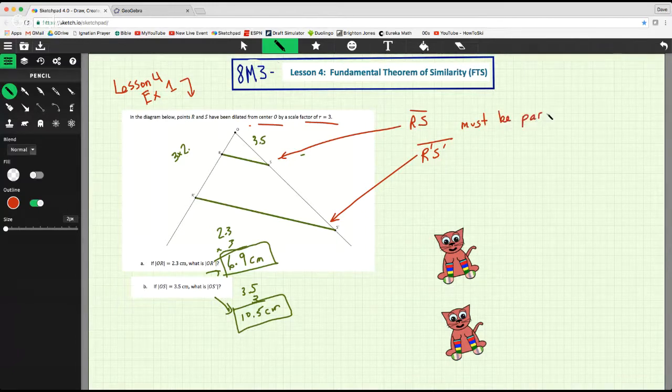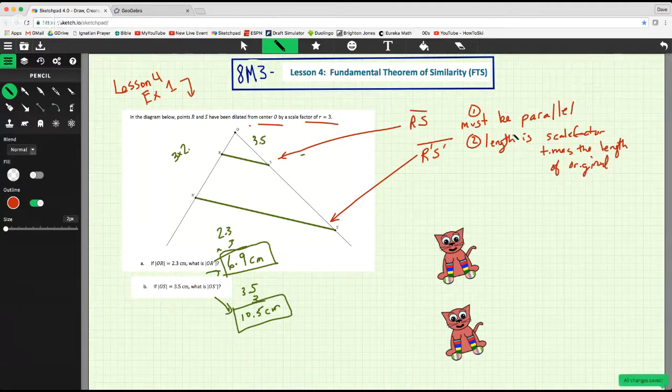Oh my goodness. They must be parallel, and 2, the length of the dilated line segment is the scale factor times the length of the original.